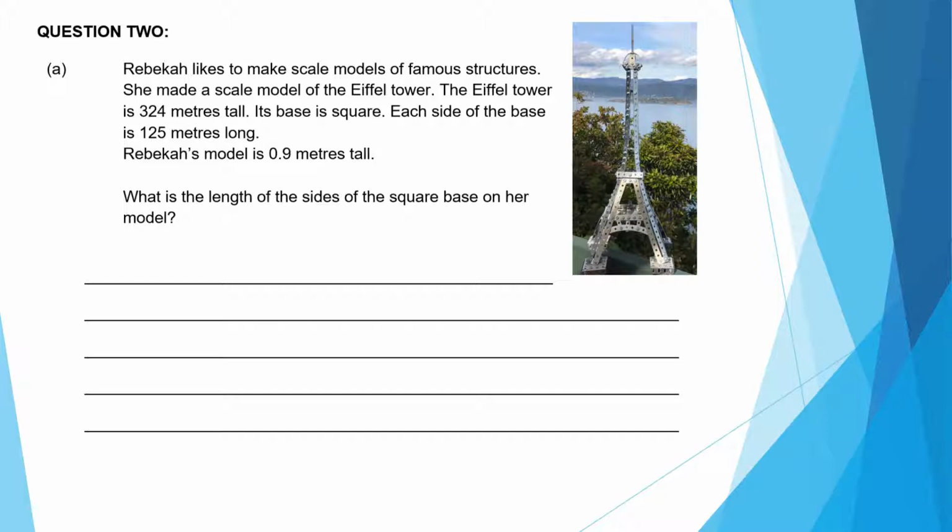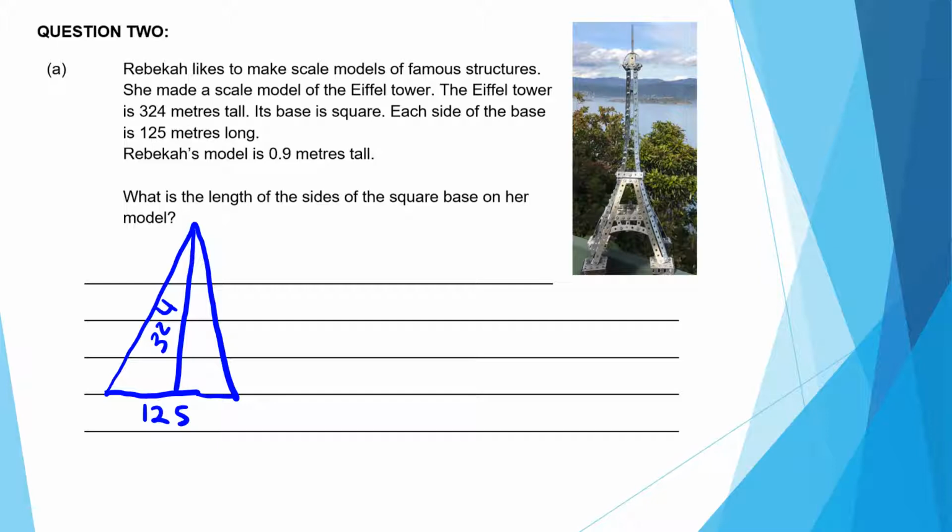So what we've got here in effect is some similar triangles. The larger triangle is in effect the real Eiffel Tower. Its base is 125 meters across and it has a vertical height of 324 meters.